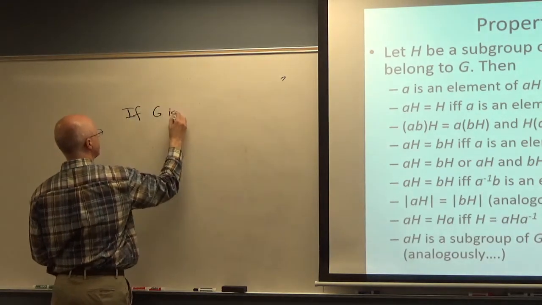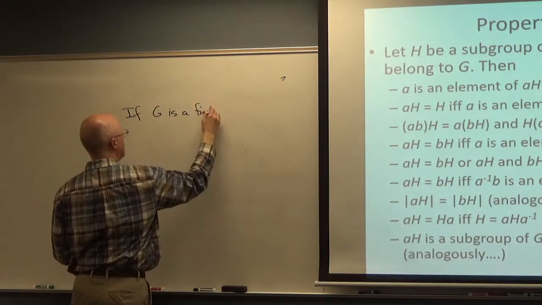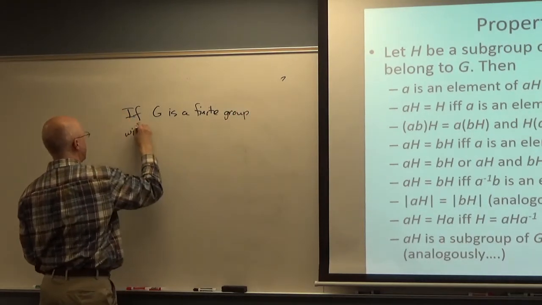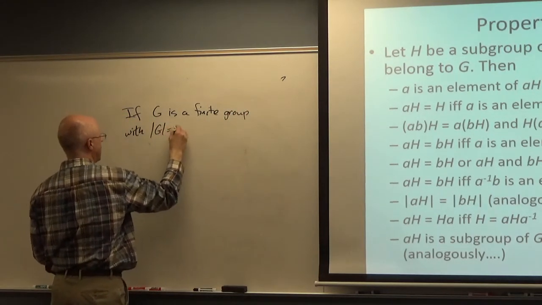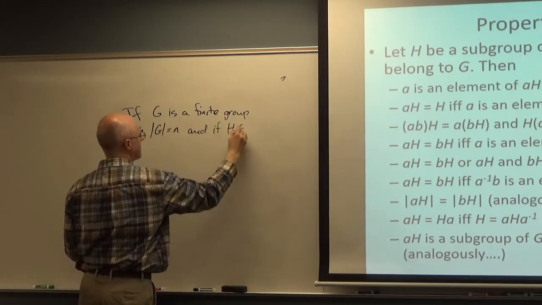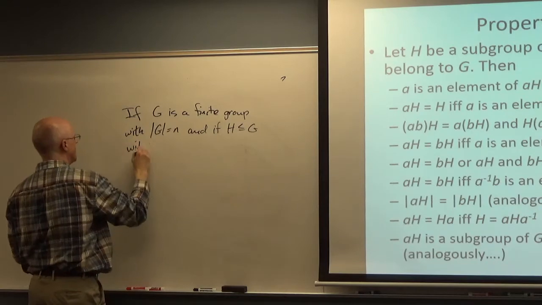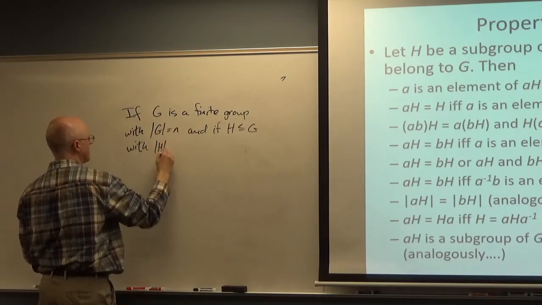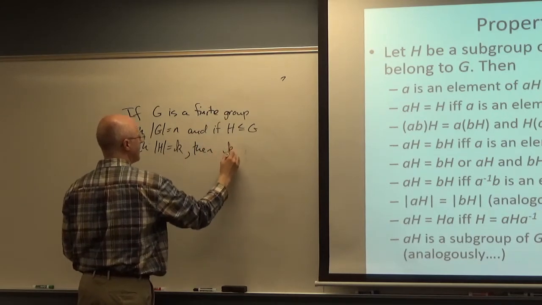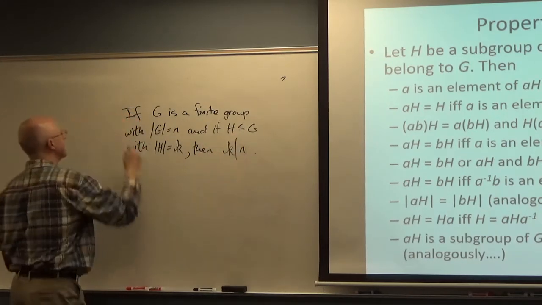If G is a finite group with, say, the order of G equaling n, and if H is a subgroup of G with the order of H equaling, call it k, the conclusion is that k must divide n. That's Lagrange.